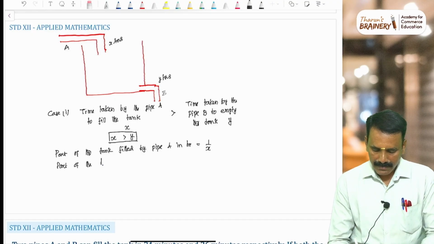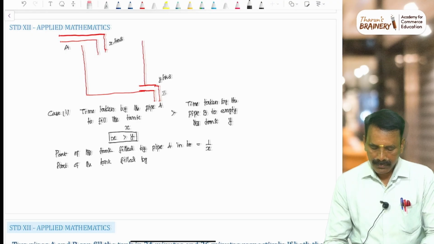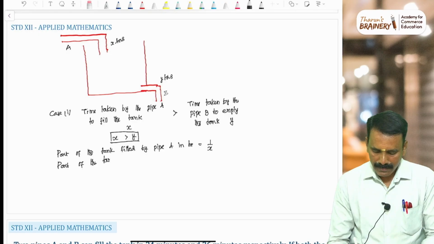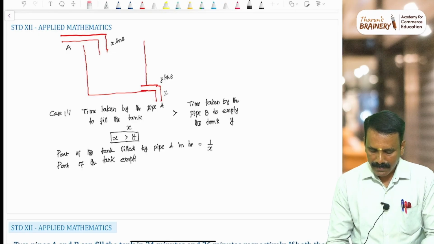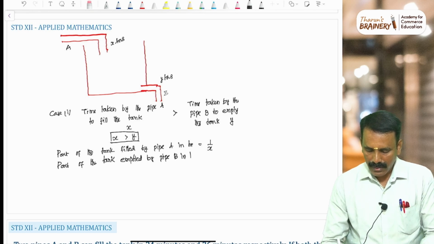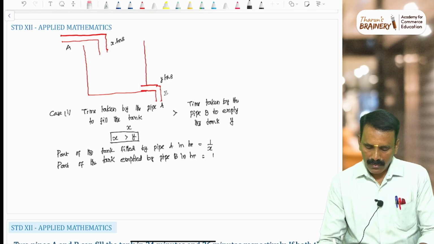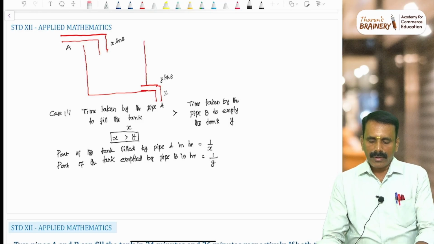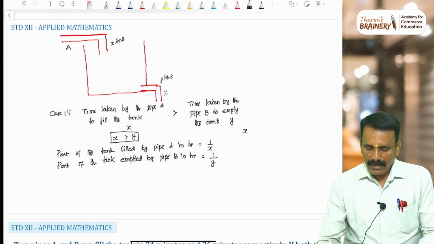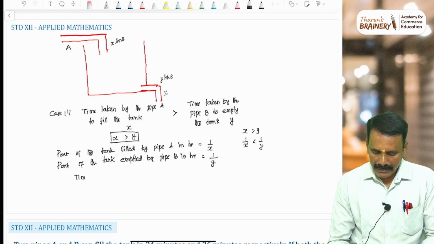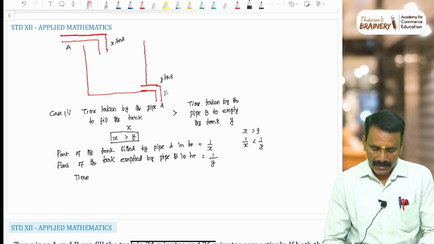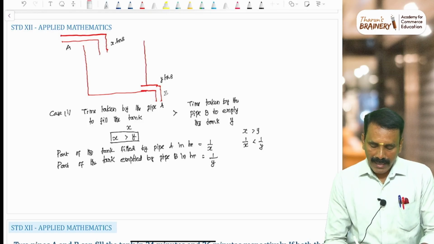Part of the tank emptied by pipe B in 1 hour will be equal to 1 by Y. Since X is greater than Y, 1 by X will be less than 1 by Y. So, for the time taken, we are going to calculate emptying the tank only.